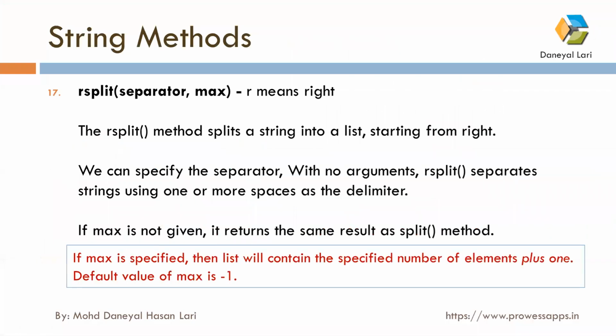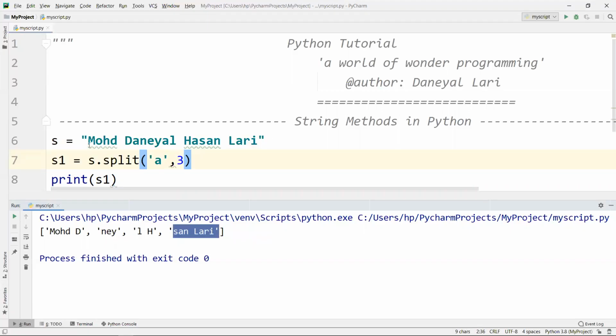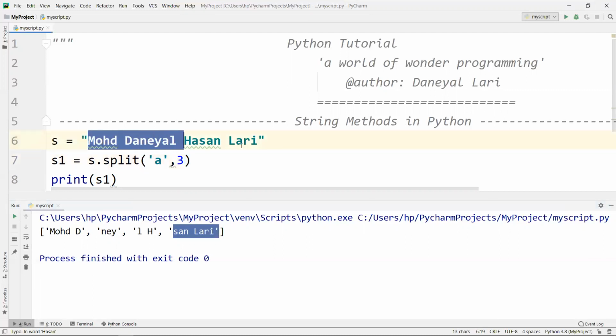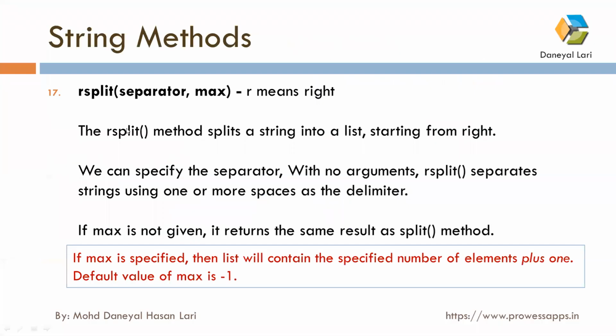Next one is called rsplit. Rsplit means right split. As we saw, split starts splitting the string from the left side. If you want to split your string from the right side, then you can use rsplit. The rsplit method splits a string into a list starting from the right. We can specify the separator as we can in split.